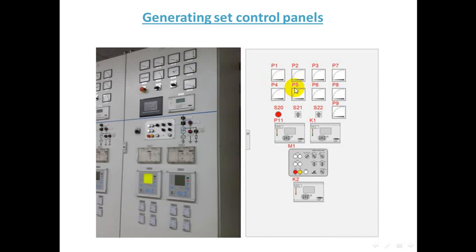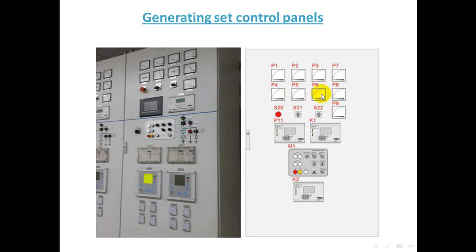P5, what does P5 mean? This element is the generator voltage meter. Its function is to measure the voltage of the generator.